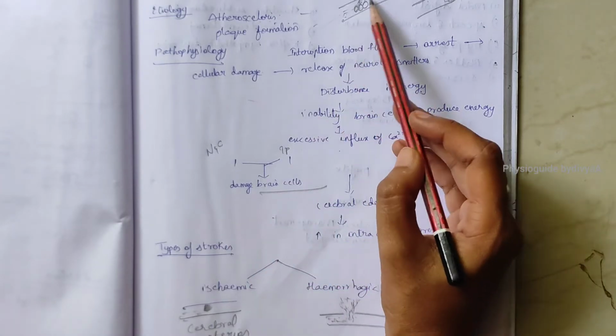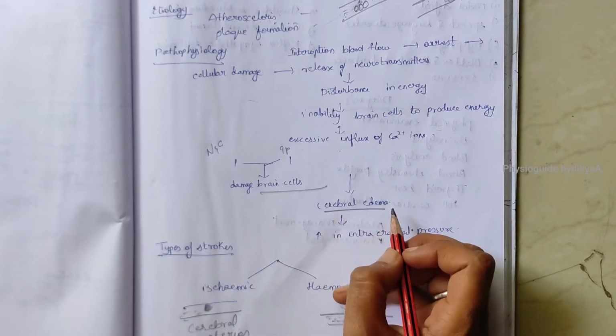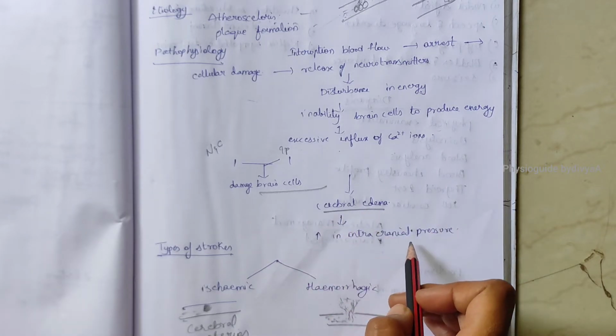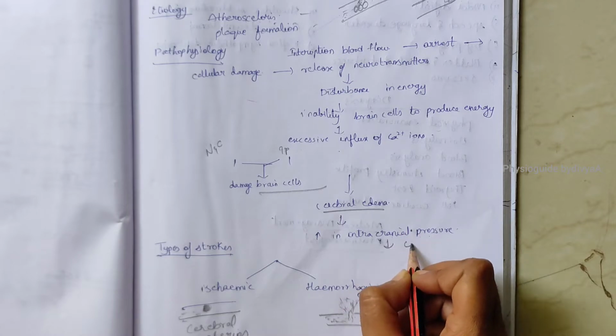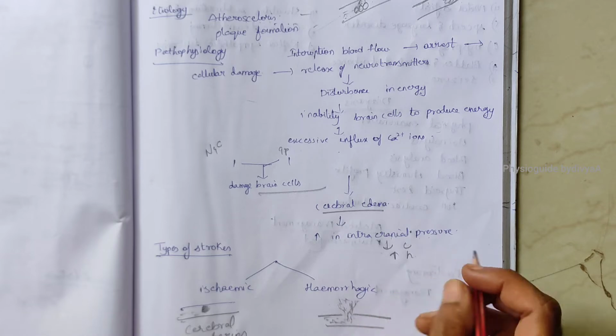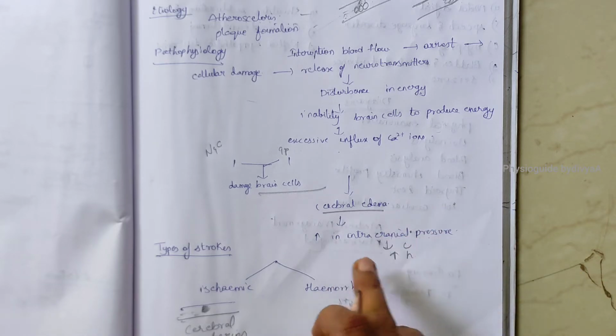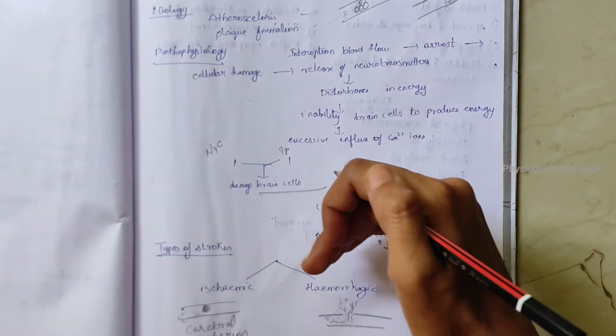Now this ischemic stroke produces cerebral edema. There will be an increase in the intracranial pressure. Due to this increase, there is decreased consciousness, increased heart rate, and irregular respiration. These are the problems seen with the increase in intracranial pressure. This is a step-by-step process.